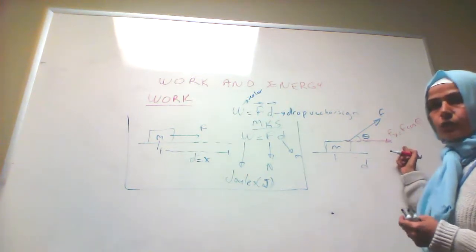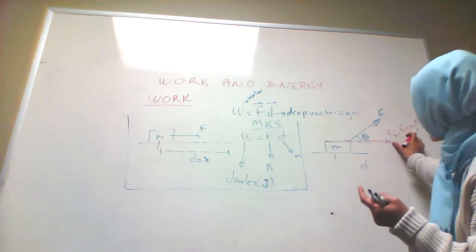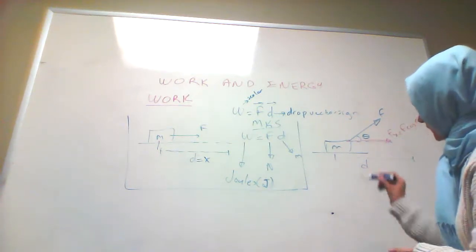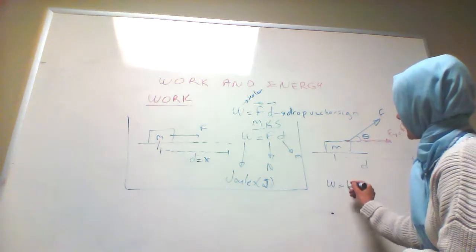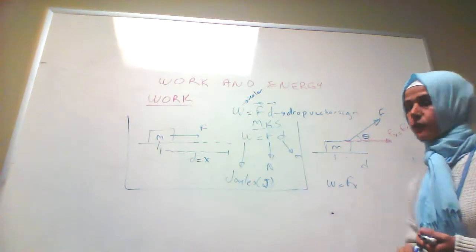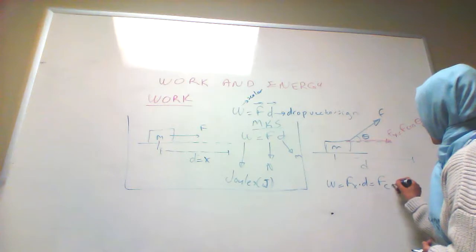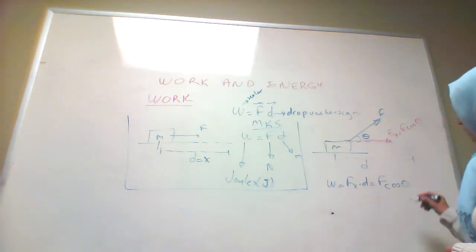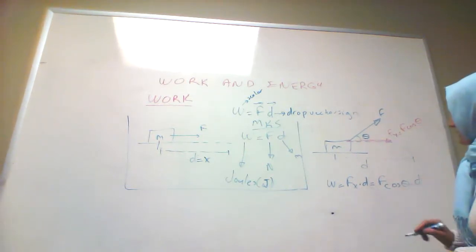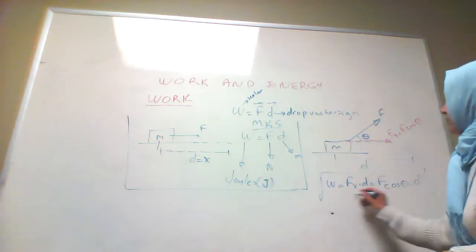And this is the force doing the work in here. So work here will be x component of the force times the distance. F cosine theta is the x component times the distance will be the work done by this force.